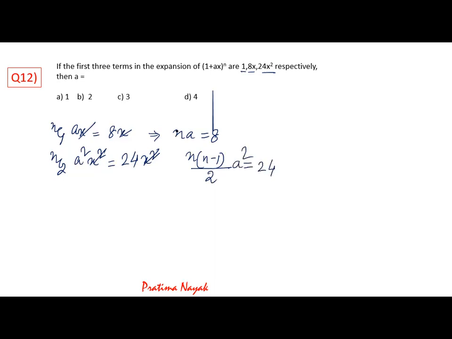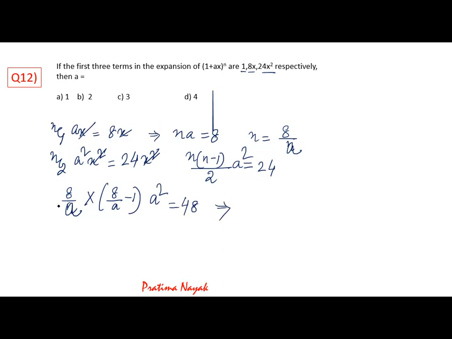So here I have to find a. So I'll replace n from the first equation. Oh, sorry, n is equal to 8 by a. I'll put here. 8 by a into 8 by a minus 1 into a square is equal to 48.